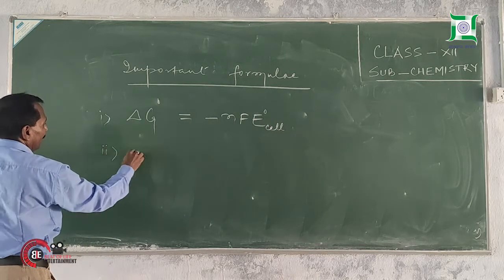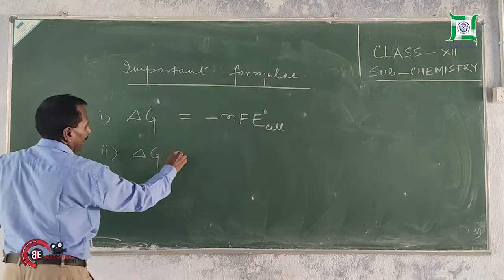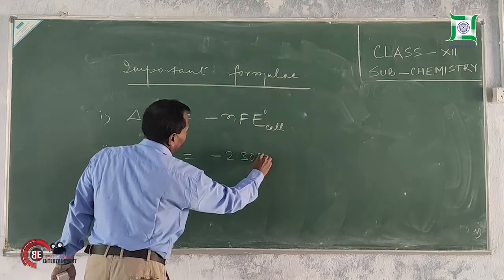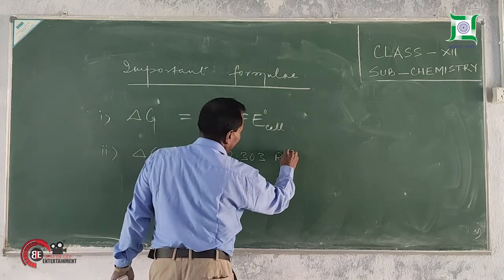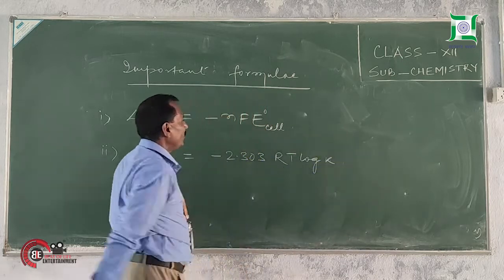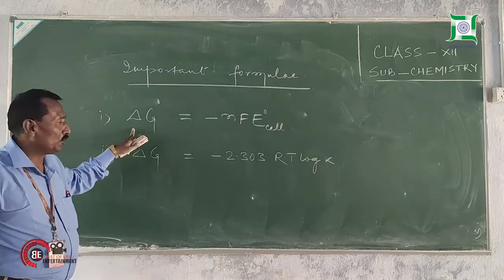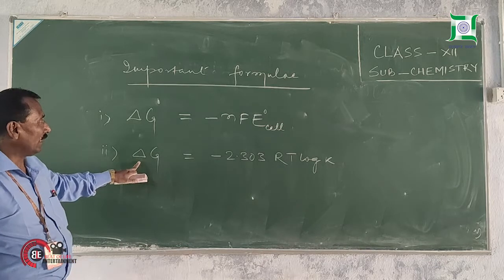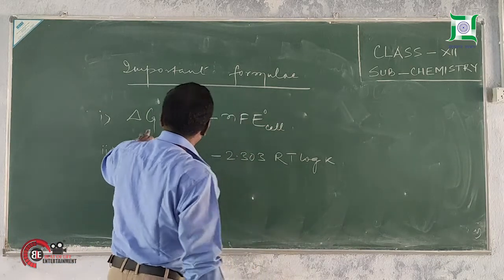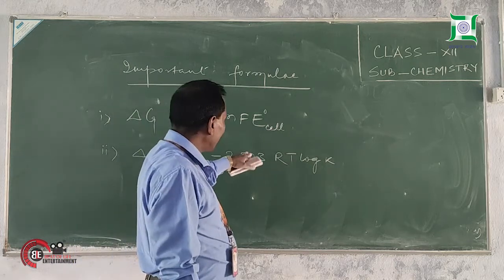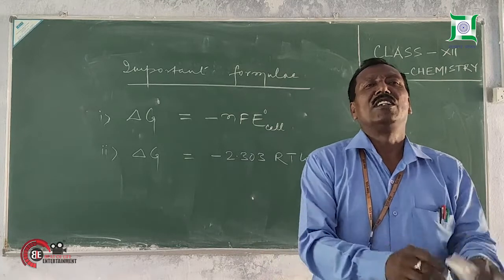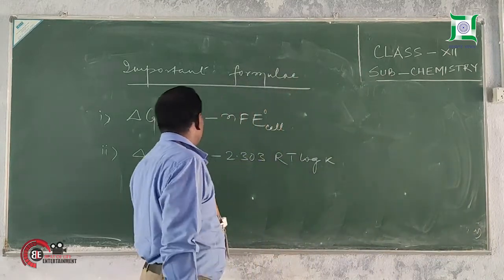The second one is delta G naught is equal to minus 2.303 RT log K. So here are two important formulae in this chapter, and this is also associated with chemical thermodynamics.